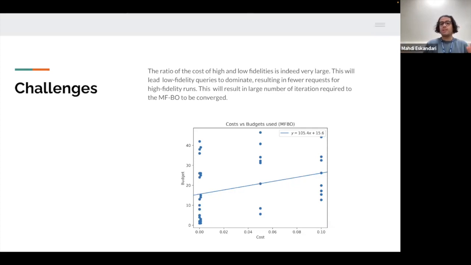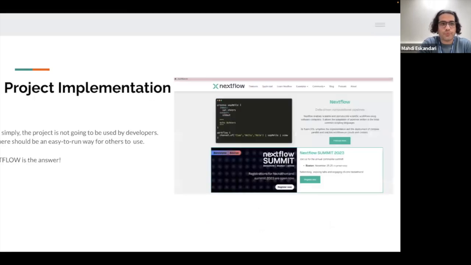This is a problem because it takes too many iterations for the model to converge. And as we see from this graph, if the ratio of the cost is very low, the number of queries from the low fidelity is a lot. So this is the problem.